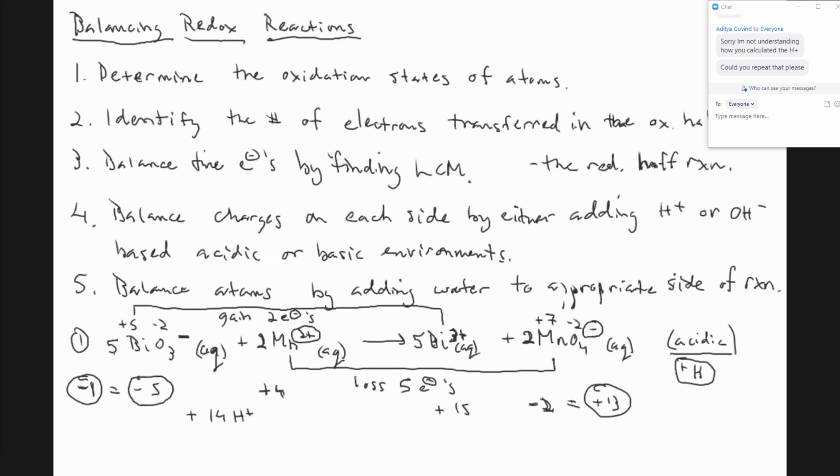How many H pluses am I going to add to make these 2 sides have the same charge? Yes, 14 minus 1 equals 13. Thank you, Sarai.